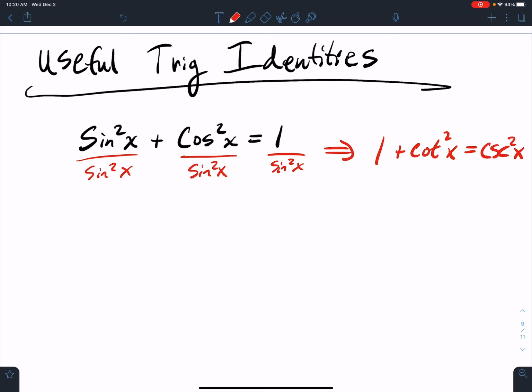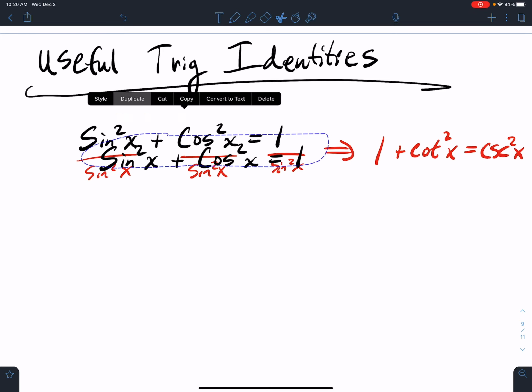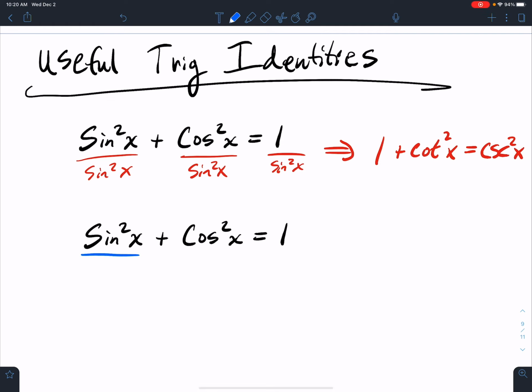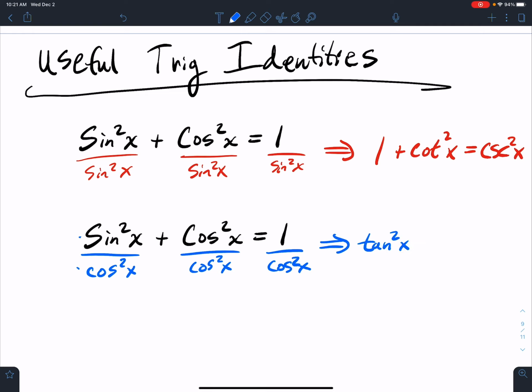Okay? Now I'm going to take the same equation here. This is the one we have to memorize, and I'm going to divide through by, instead of sine squared, cosine squared. And when I divide through by cosine, sine divided by cosine gets me tangent squared x, and then cosine divided by cosine gets me the 1.